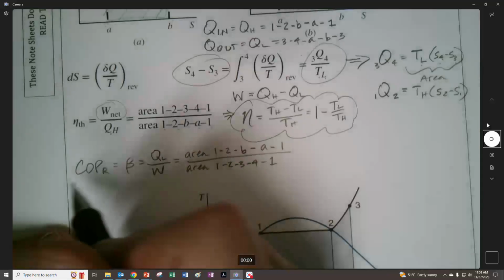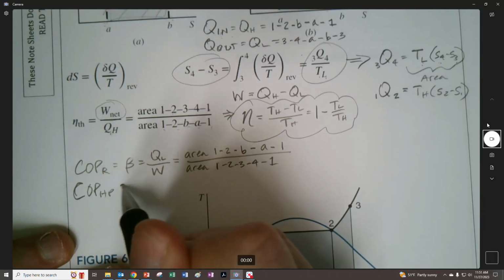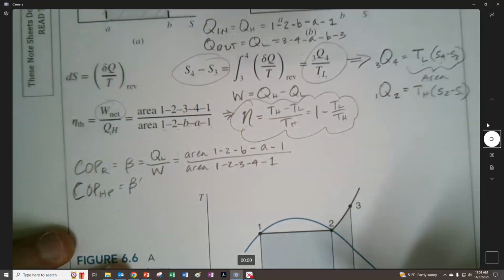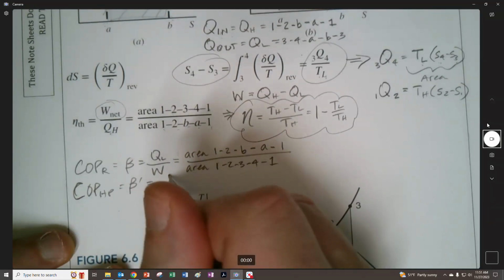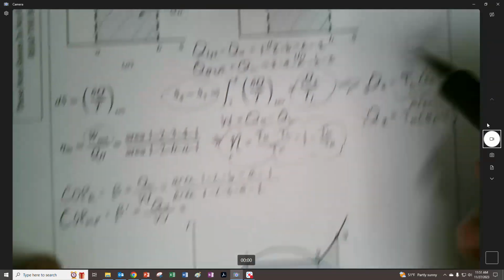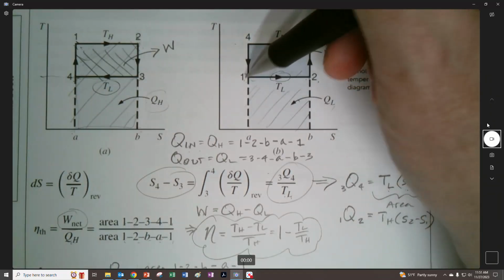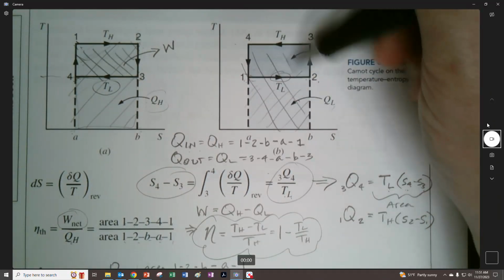And then if you're going to do it the other way around here, the coefficient of performance for a heat pump was beta prime, which is now going to be the QH over W. So that's going to be this whole thing. Let's make cross hatches going that way.